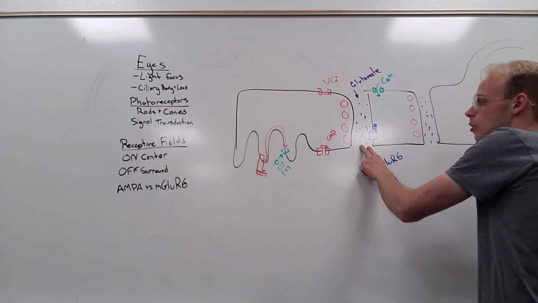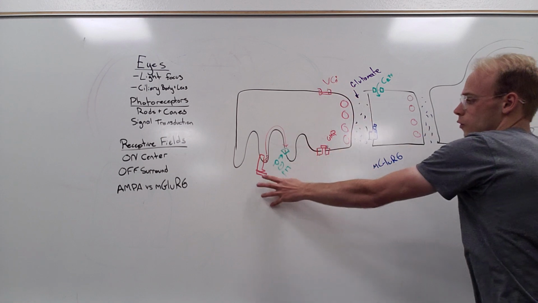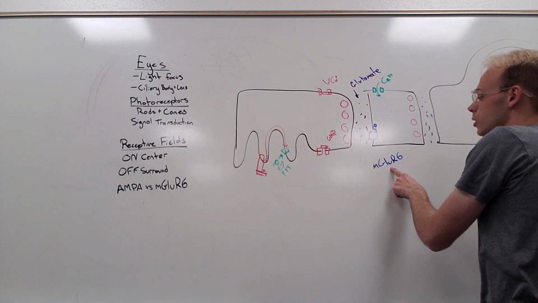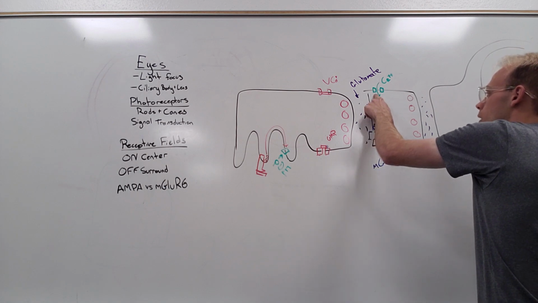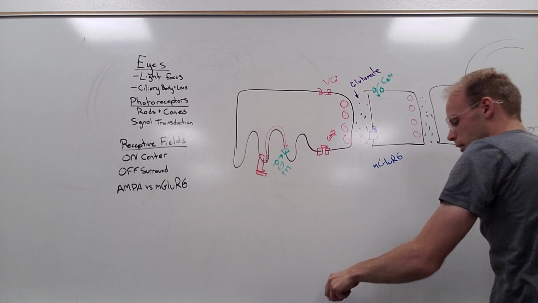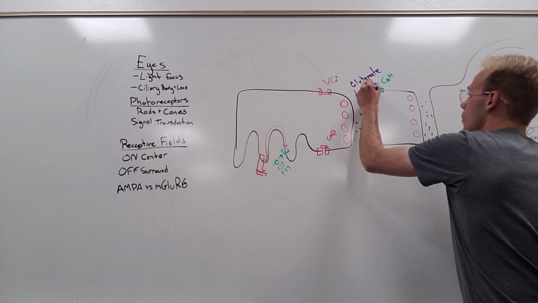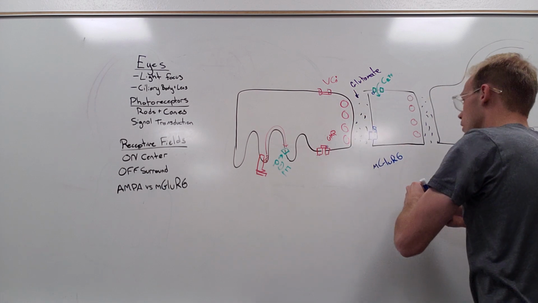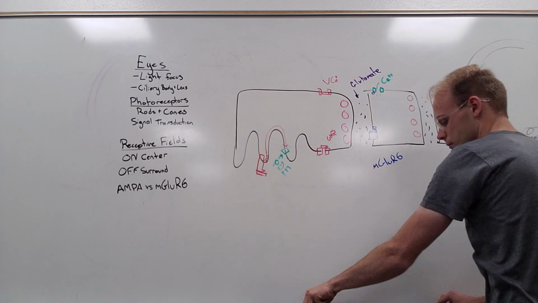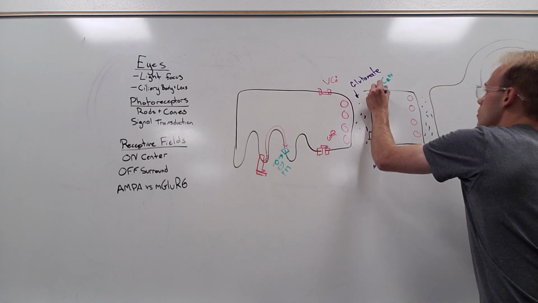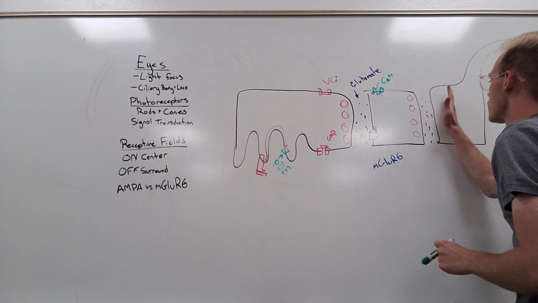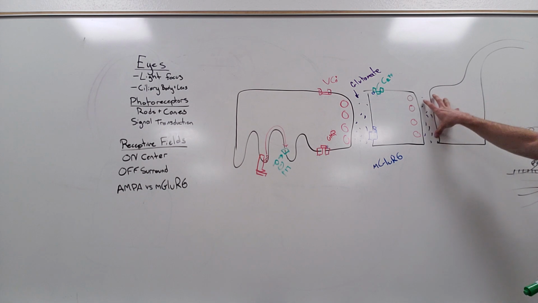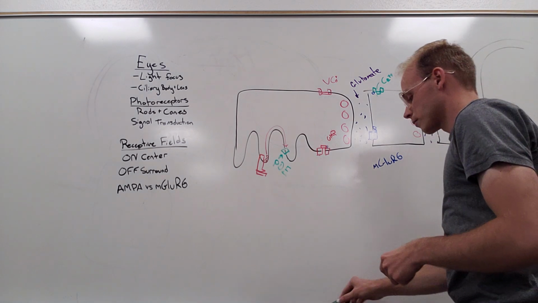If I release glutamate from here, which would normally happen if there's no light, it activates mGlu-R6, and the alpha subunit comes up here, binds to this calcium channel, and closes it off. So calcium doesn't come in, which means I'm not sending any signals and I don't depolarize this, which the brain interprets as darkness.